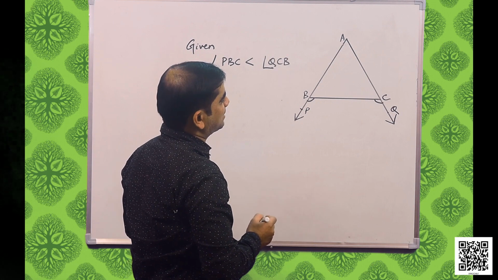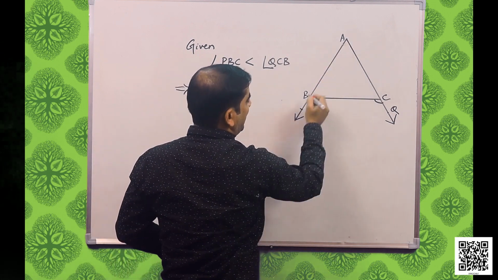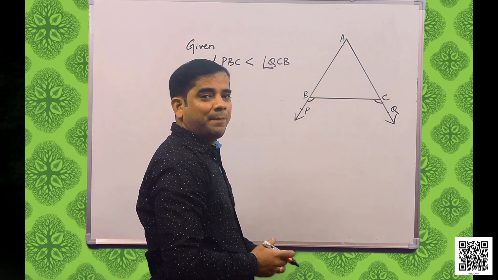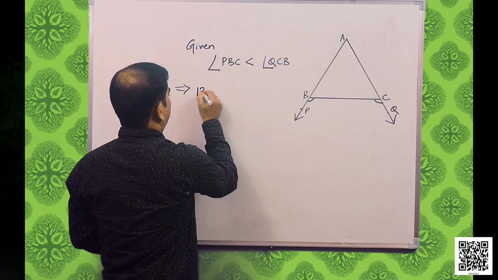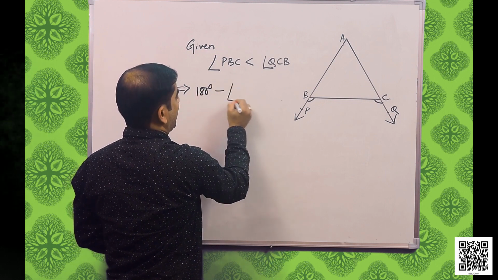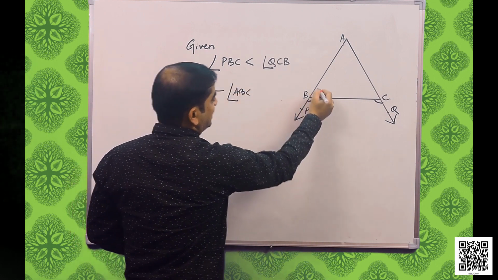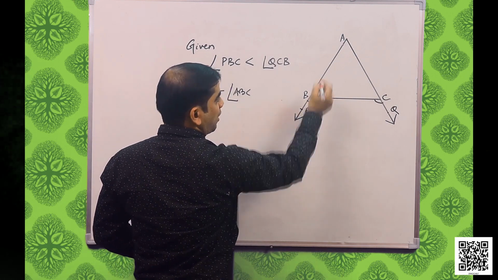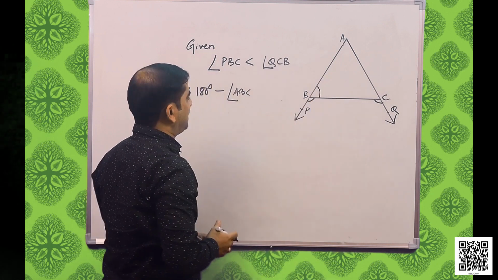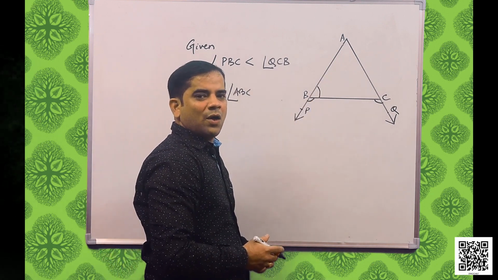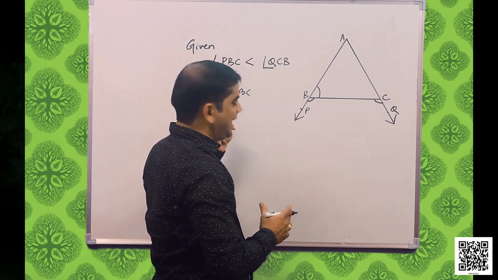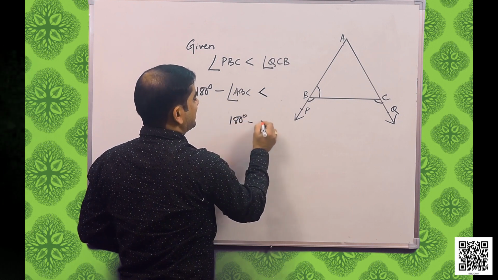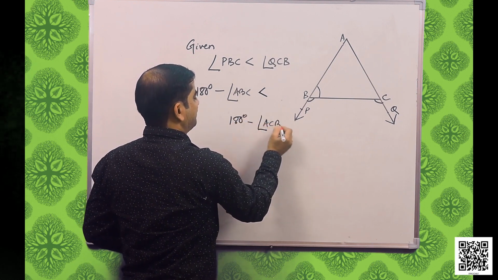Why 180 degrees minus angle ABC? Because angle ABC and angle PBC form a linear pair. So if I subtract angle ABC from 180 degrees, I'll get angle PBC, isn't it? So 180 degrees minus angle ABC is smaller than 180 degrees minus angle ACB.